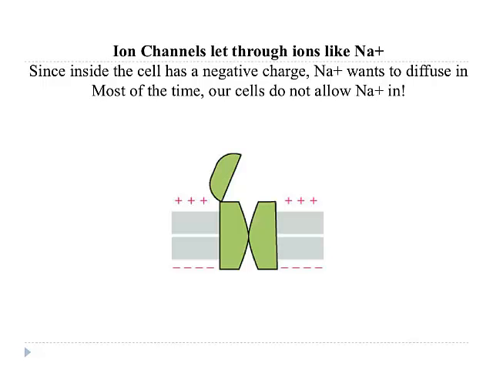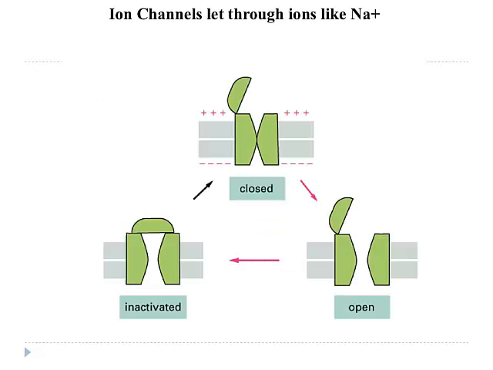It can't diffuse through the membrane, but it can go through a specific channel, the sodium channel, when that gate is open. When it's open, it allows for the specific substrate, in this case sodium, to pass through. Closed, nothing can move through, or if it's inactivated in some way.